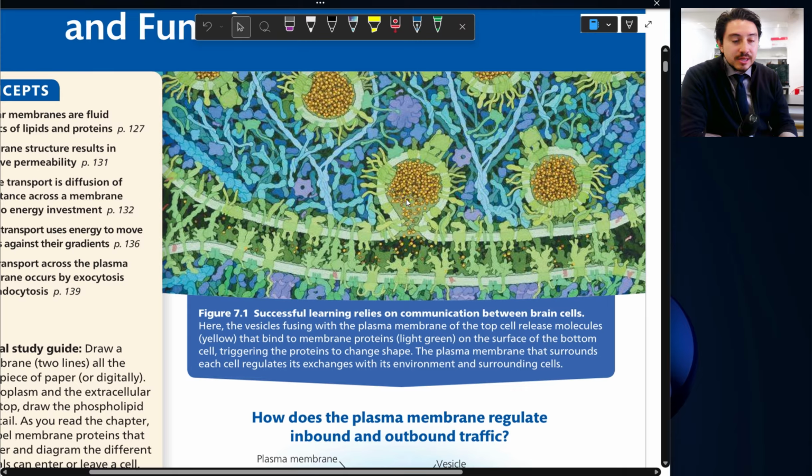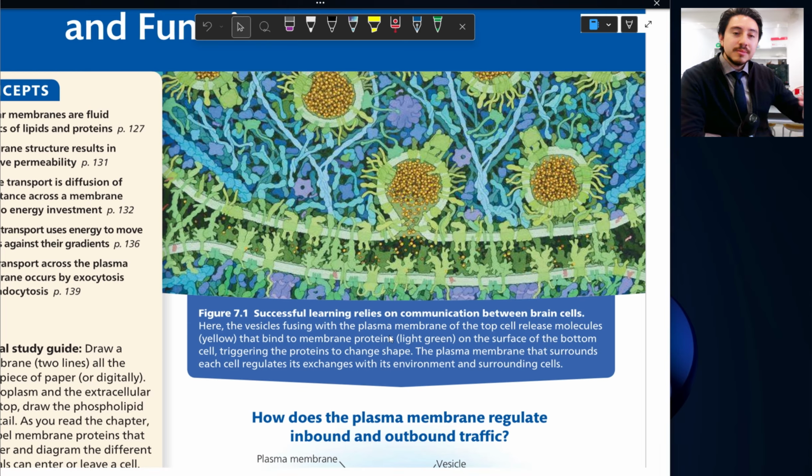And these yellow molecules, they bind to membrane proteins. Okay? And these membrane proteins are in light green that you can see on the edges protruding out of the cell membrane there. And particularly, they're protruding out of the bottom cell. And they're going to trigger these proteins that are receptors to change shape.